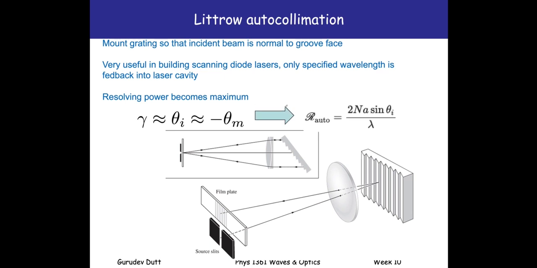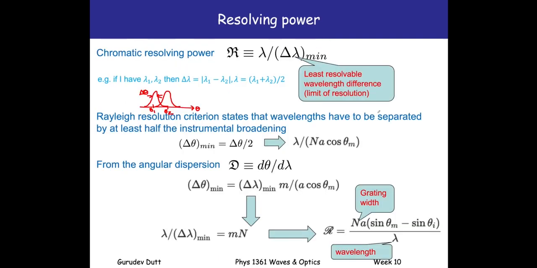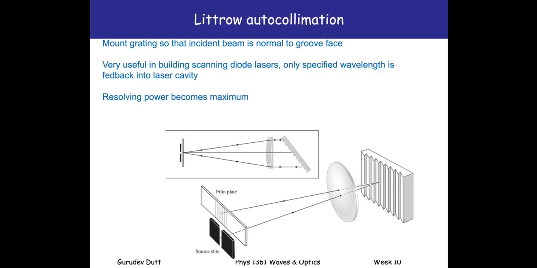That immediately gives us R, the autocollimation condition, which is when things become maximum, N a times sine theta I. If you go back one step, N a times sine theta m minus sine theta I. So if I make theta m equal to minus theta I, then I get this condition.